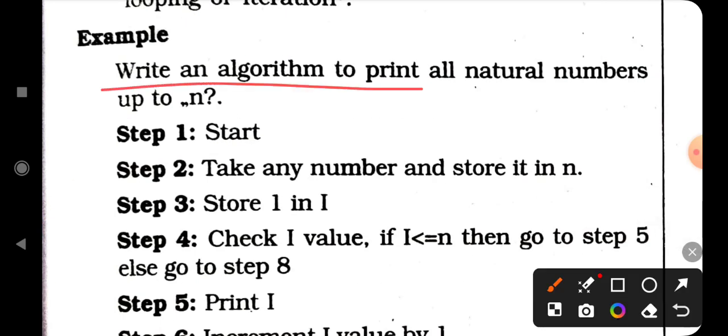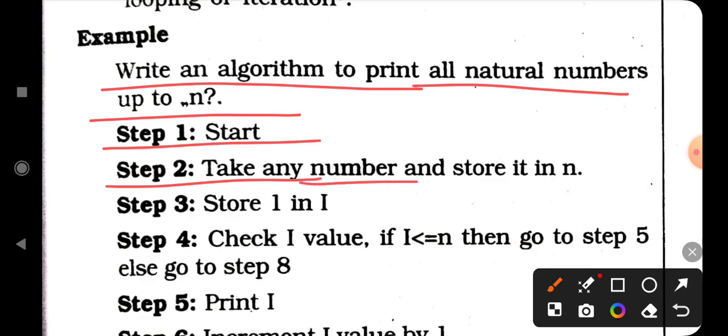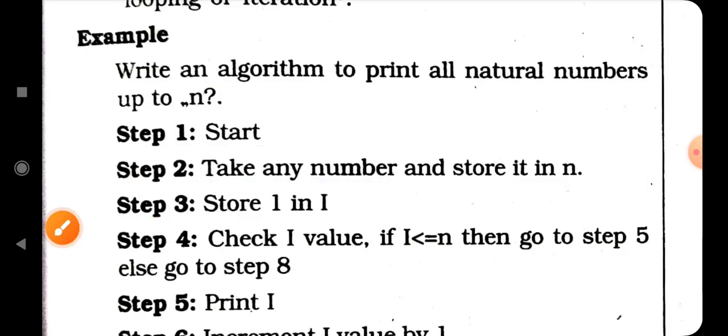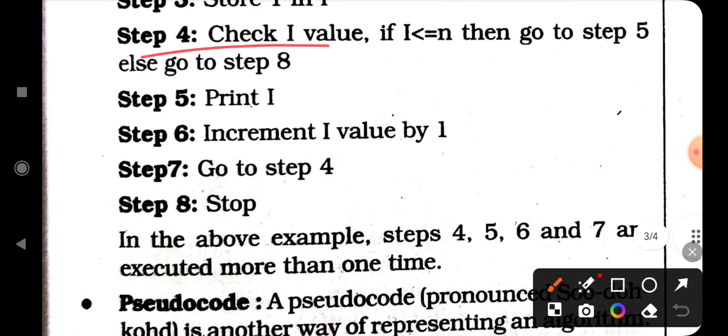Example: write an algorithm to print all natural numbers up to n. Step 1, start. Step 2, take any number and store it in n. Step 3, store 1 in i. Step 4, check i value.